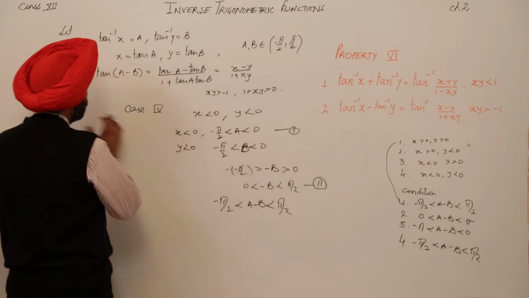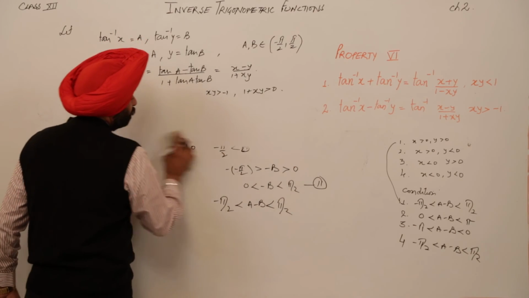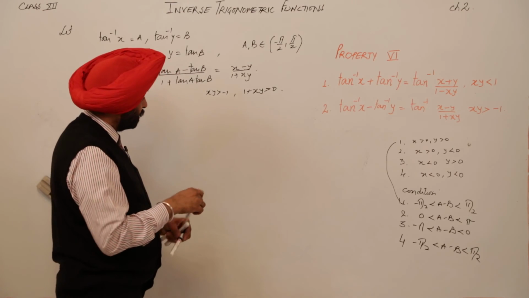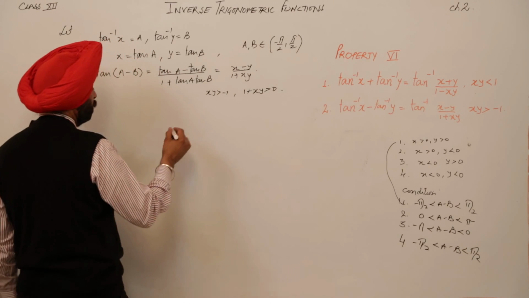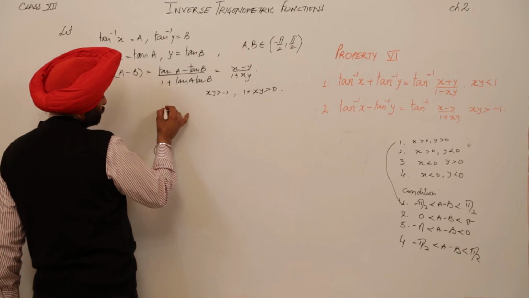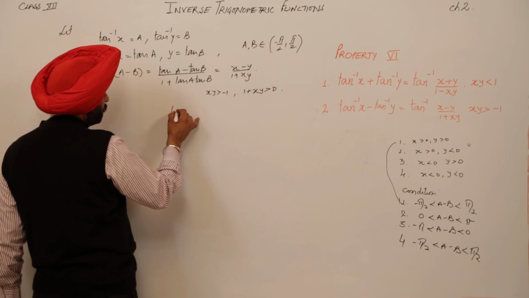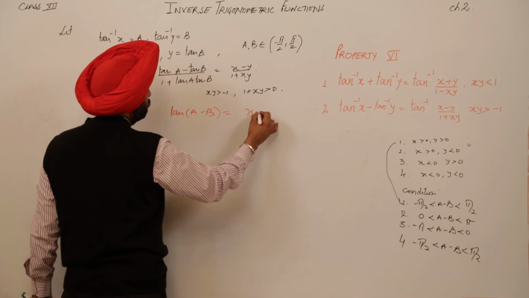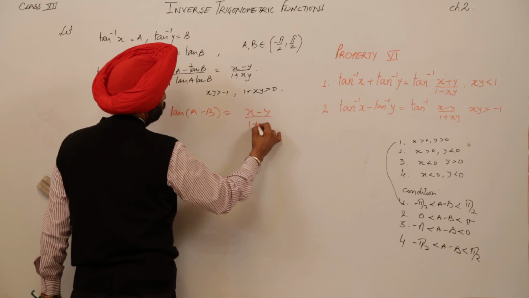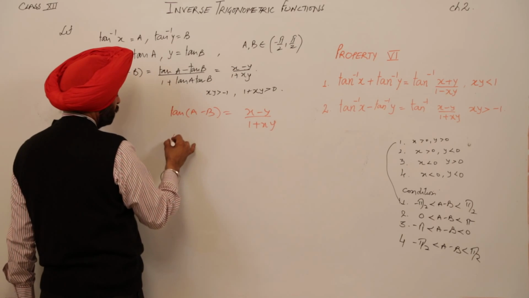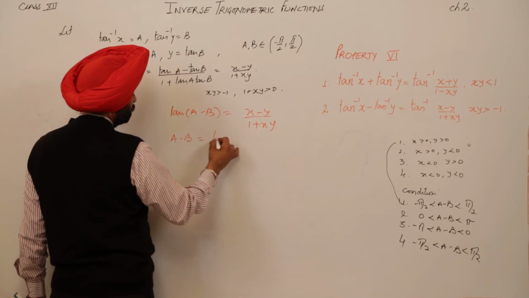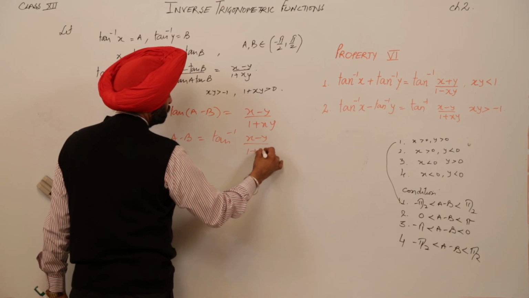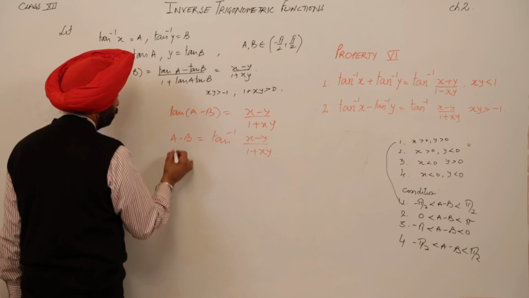So now after writing all these things, what do we get? Finally, as I wrote right in the beginning in the first step also, this implies that tan a minus b is equal to x minus y upon 1 plus xy, and a minus b is equal to tan inverse of x minus y upon 1 plus xy, and what is a?